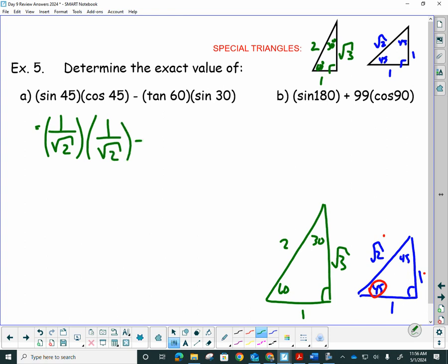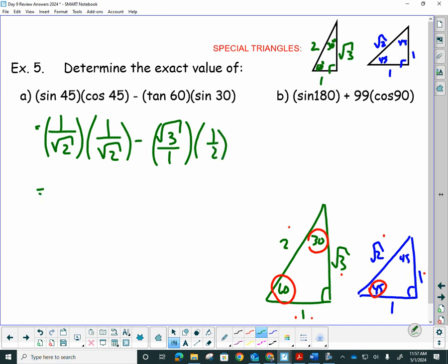Minus the tan of 60, so now we're looking at the 60-degree angle. Tan is opposite over adjacent, so that's root 3 over 1. And sine of 30, now we're switching our attention to the 30, and that means this becomes the opposite, 1, over the hypotenuse, which is 2, so 1 over 2.